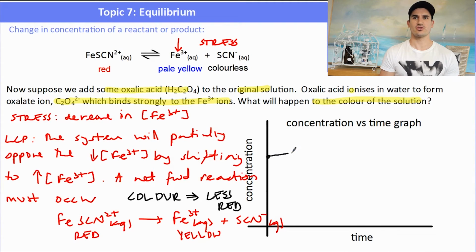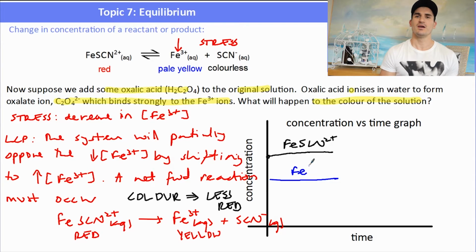In terms of the concentration time graph, again, I've got to have my concentration of each of my reactants and products, so I'm just making those up and I'll put those in. Remember, if we see a spike or a decrease, think about what's going to happen to the curve. So for this one, we've got a decrease in the Fe3+ concentration, so that's going to spike down. There's a large decrease. Then what happens?